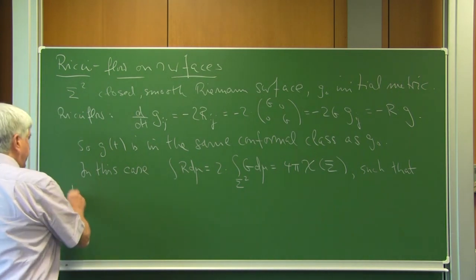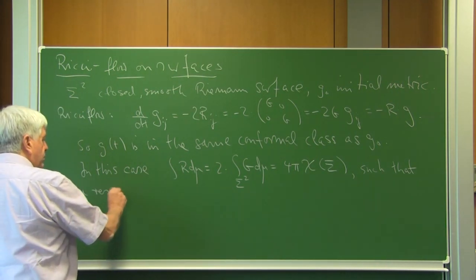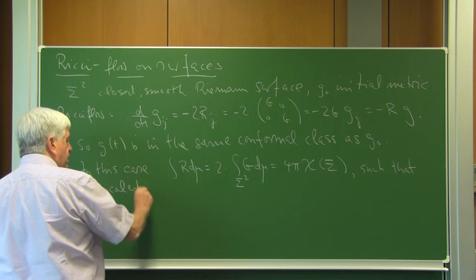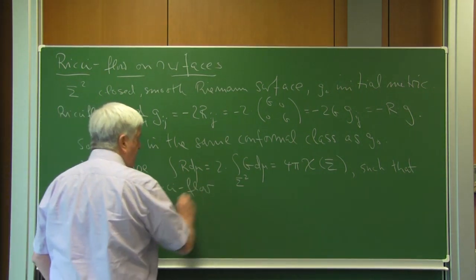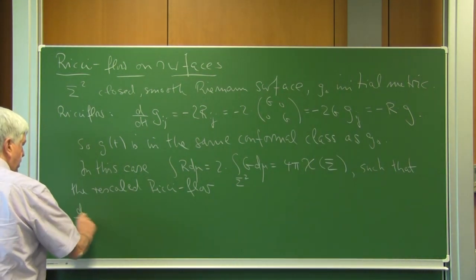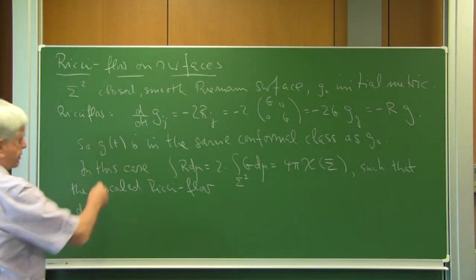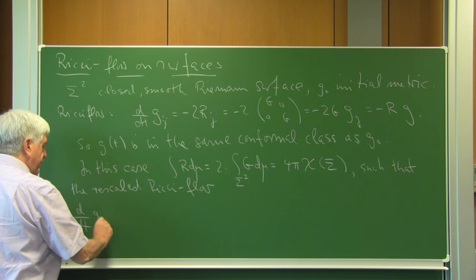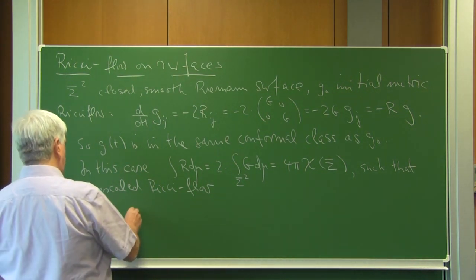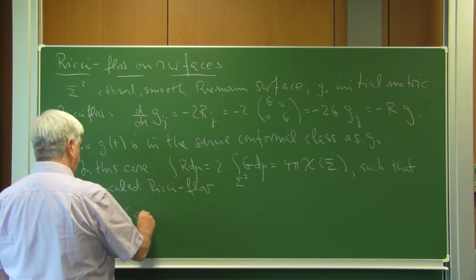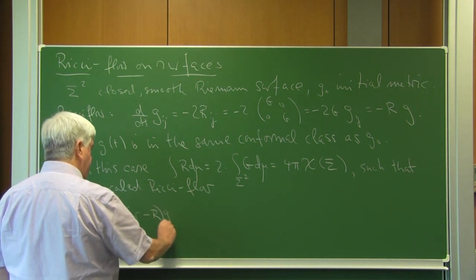So such that the rescaled flow, and so I dropped the tildes here, I just write d/dt of g_ij is equal to, and now rescaling means I just put little r minus capital R times g_ij.